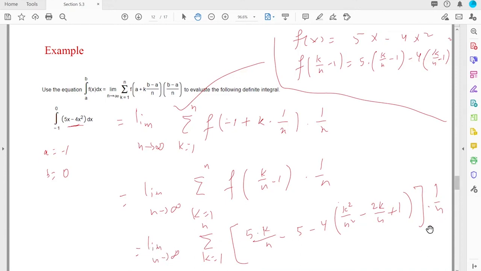For that we need to know some formulas, which I'm going to give you. So we plug the value of f of this thing, which is coming from here, 5 times this, and then 4 times the square of this. So the square of this is k squared over n squared minus 2 times k over n plus 1.